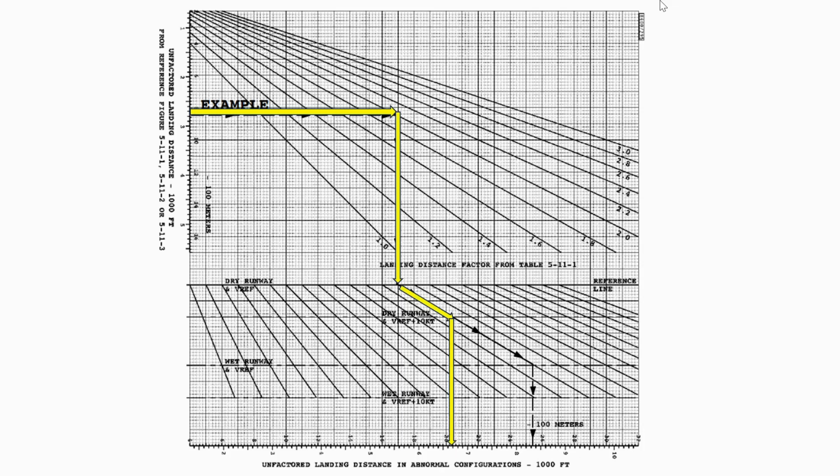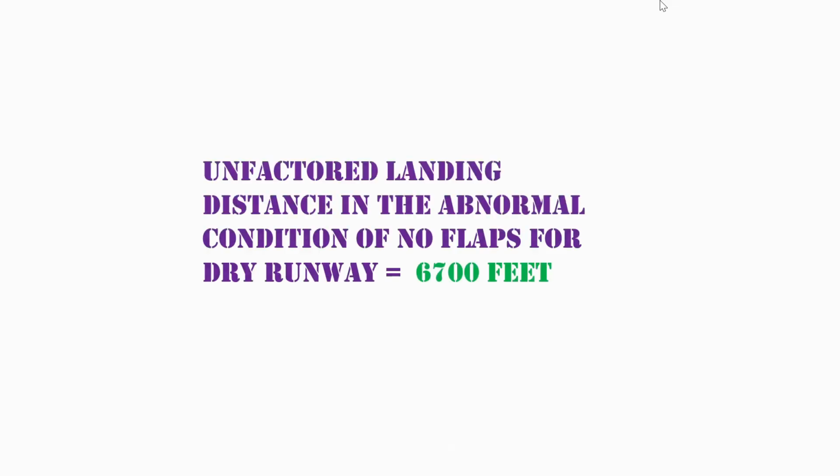In this case, I can see that my unfactored landing distance in abnormal configurations, in the configuration I have right now, is 6,700 feet. So for this particular fault, coming in with no flaps, I need 6,700 feet of runway length. I hope it makes sense.